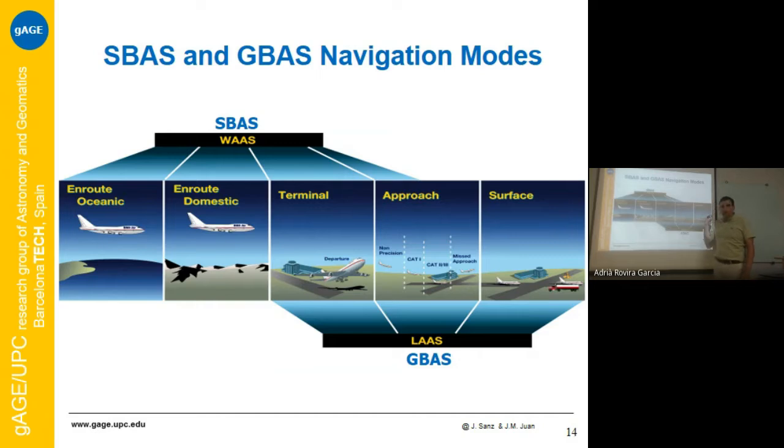And the most difficult part of the problem, when we are expecting more and more from these systems, is when we are at the airport. When we are approaching the runway, like we saw this morning, or even on the surface, when we are taxiing from the runway to the terminal building, or from the terminal building to the runway. There, under conditions of fog, or storm, or whatever, is where we are demanding more.